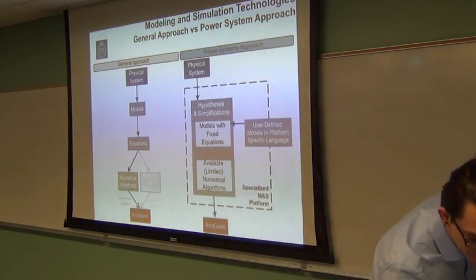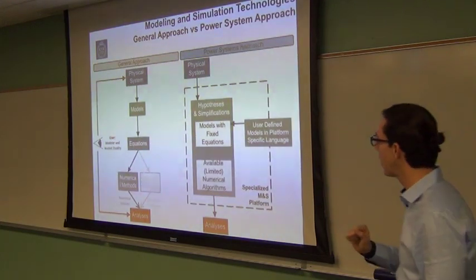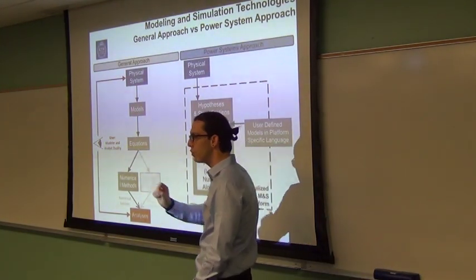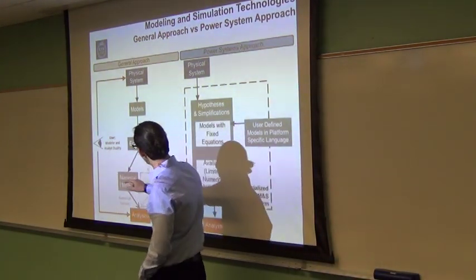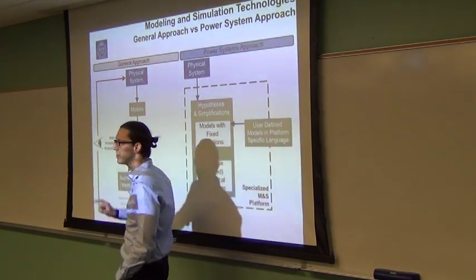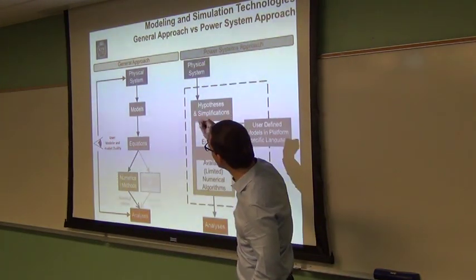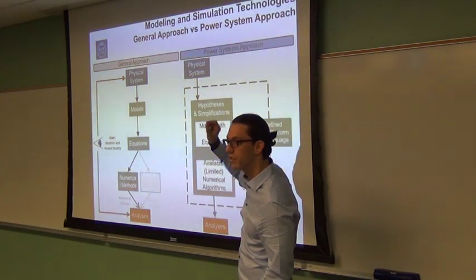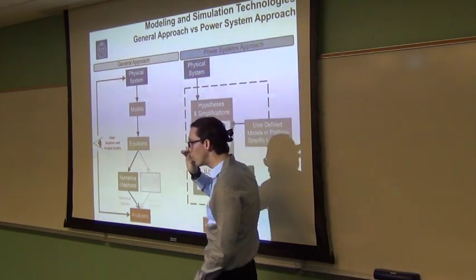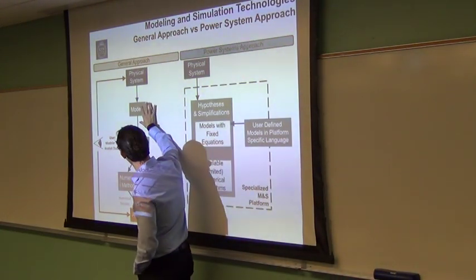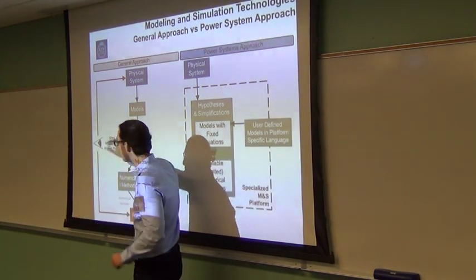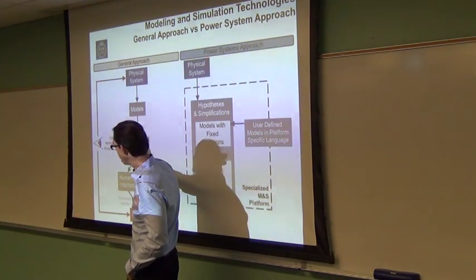Now, this is important. In a general approach to do this, the individual is both a modeler and an analyst. Why? Because considering the physical system that you want to model, you will derive the model from first principles. From there you will derive the equations.